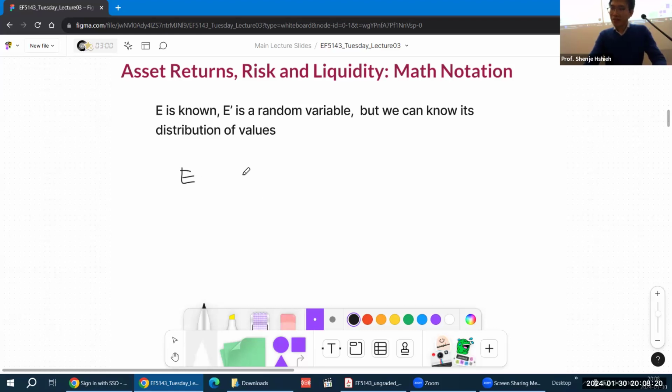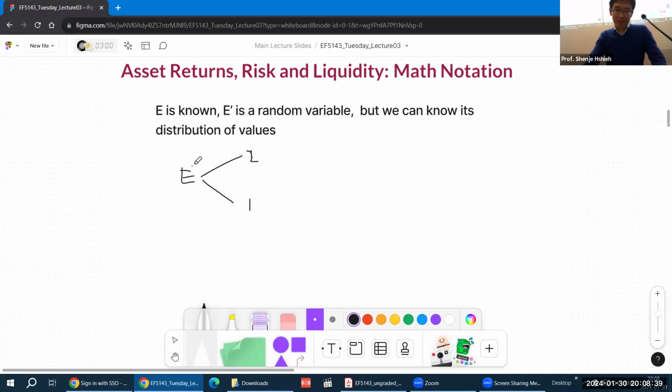Suppose we have a currency that's priced at E today, and let's assume that it's a binary world. Instead of a distribution, we just assume that there are only two possible realizations, let's say 1 or 0, or just 2 or 1.